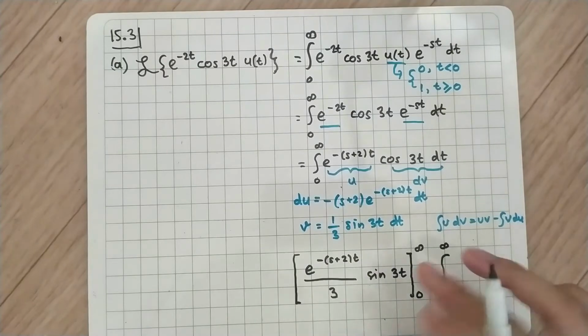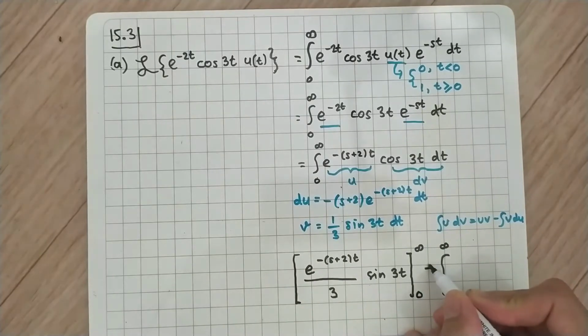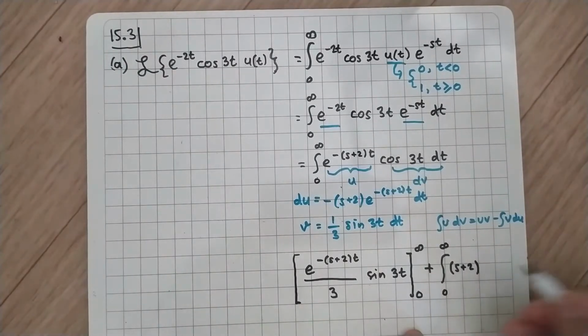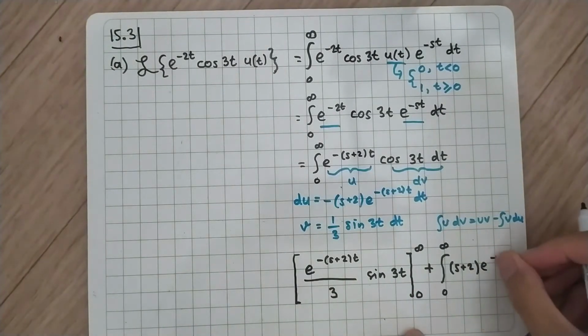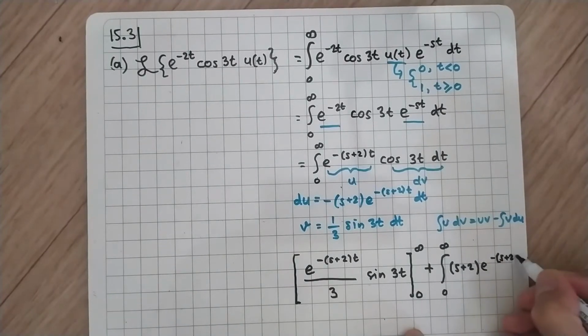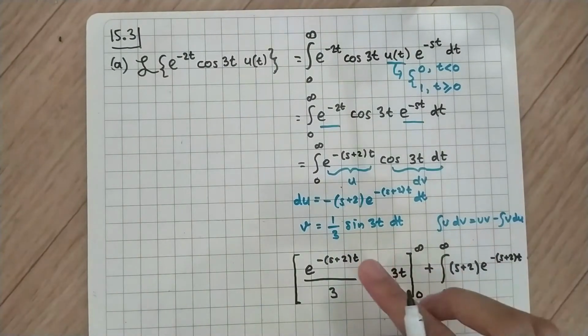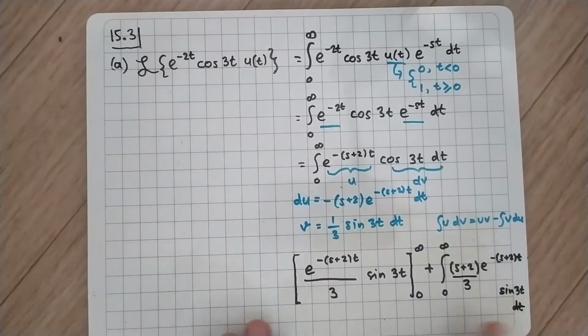V is this 1/3 sine, and du will be this one, and I want to cancel out this minus with this minus, so we will have s plus 2 e to the minus (s plus 2)t, and okay, we will have this sine, v, so this is over 3 and then sine 3t dt.